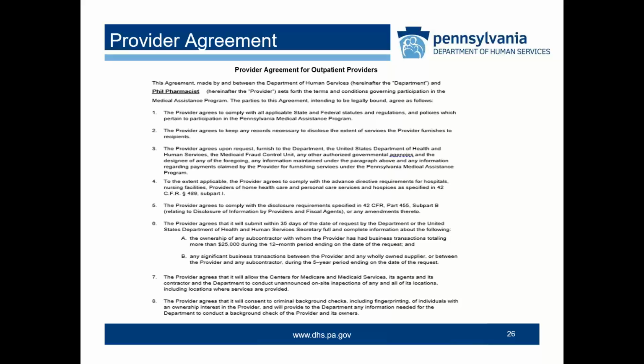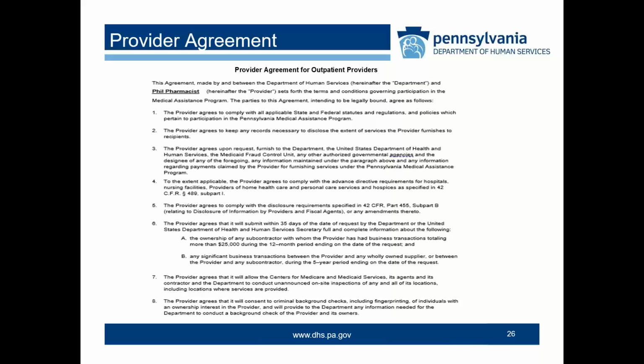That if any information is requested by you, that you would submit to us within 35 days. If there is any type of ownership, that you must disclose your ownership, which is any person who owns 5% or more, direct or indirect, of a business. All information must be disclosed to provider enrollment.